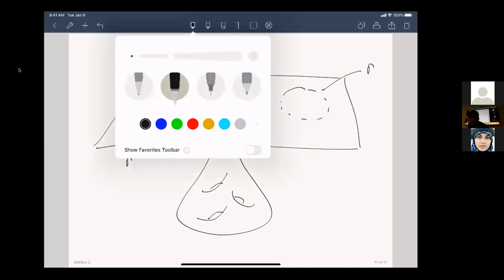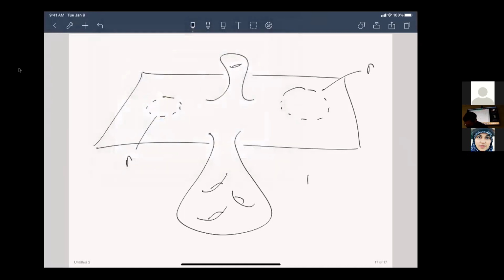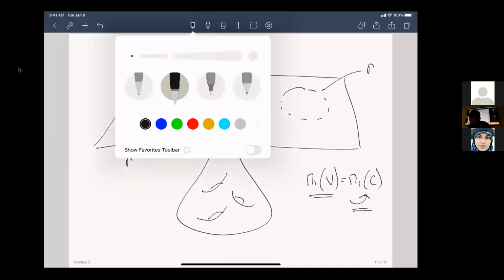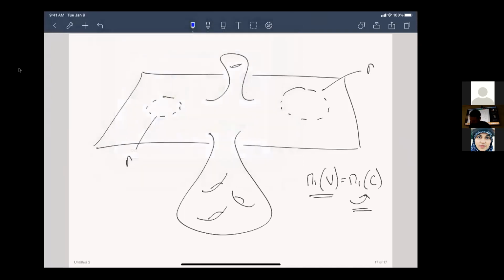However, the moral is that, by the way, mathematically, this means that the pi1 of V is the pi1 of C, right? So all the topology of V is inside C, right? And so what this means is that these regions here are indeed topologically trivial.